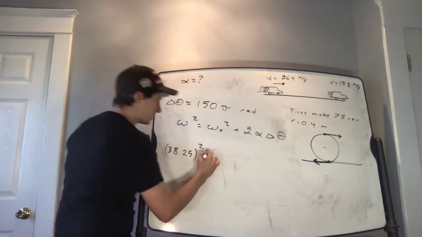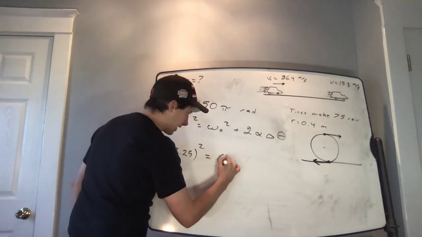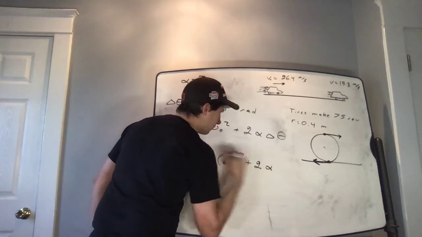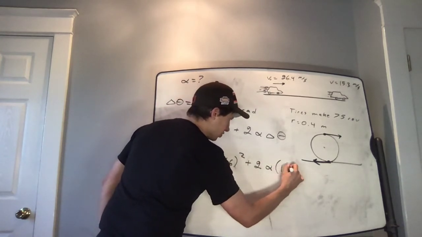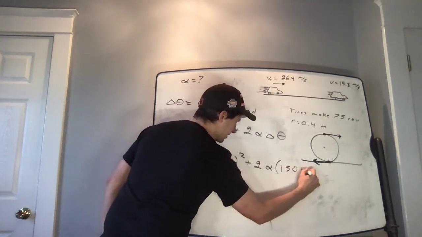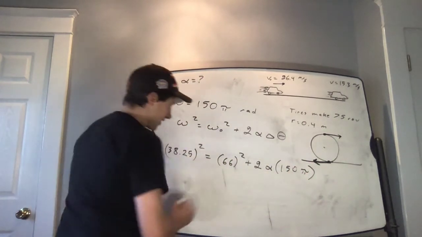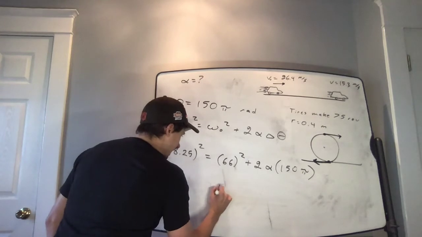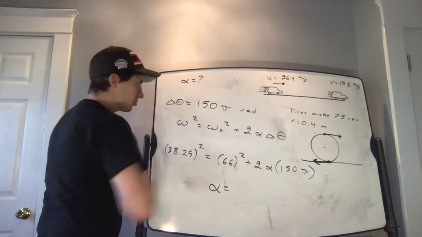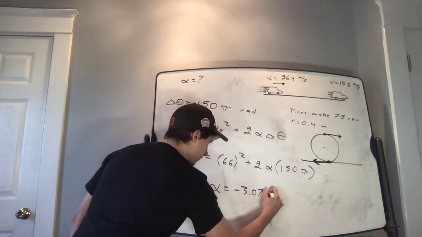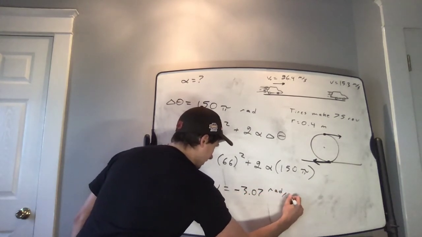We'll square that, which equals the initial angular velocity squared plus 2 times alpha times the angle through which the tires rotate during that deceleration, which is 150 pi. I put these numbers in a calculator and I find the angular acceleration of the tires during this deceleration is negative 3.07 radians per second squared.